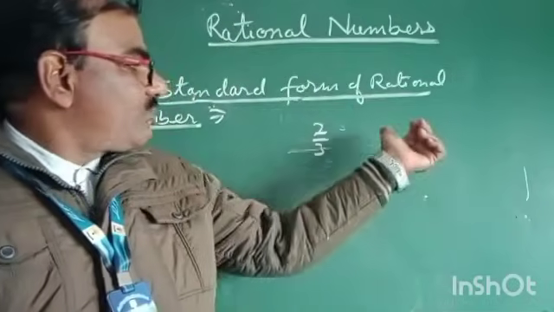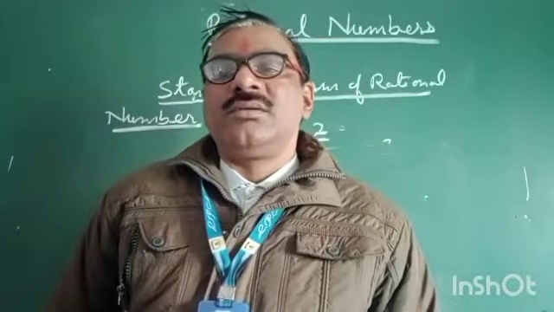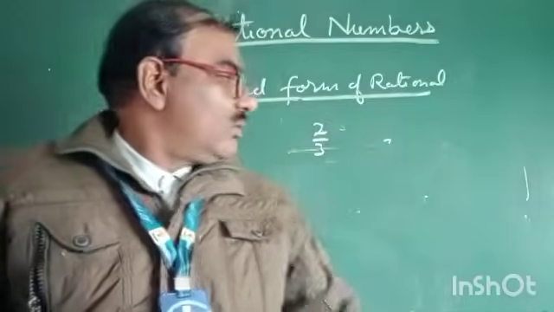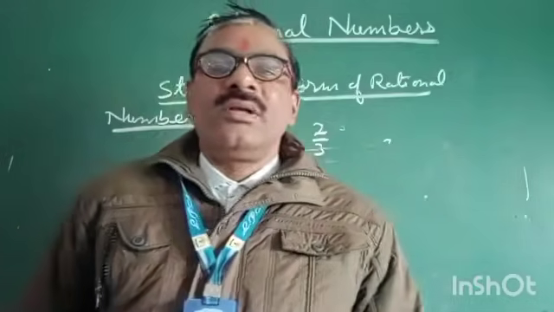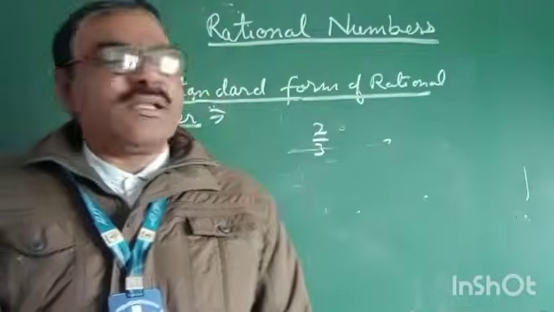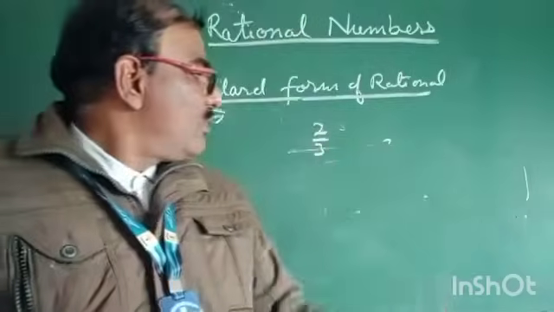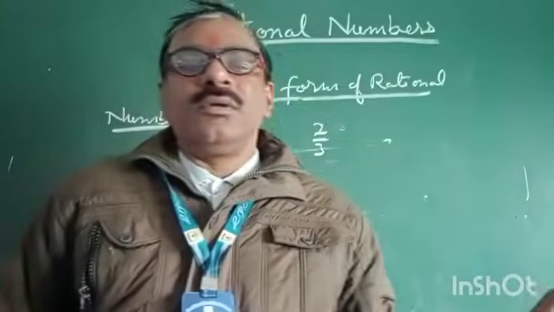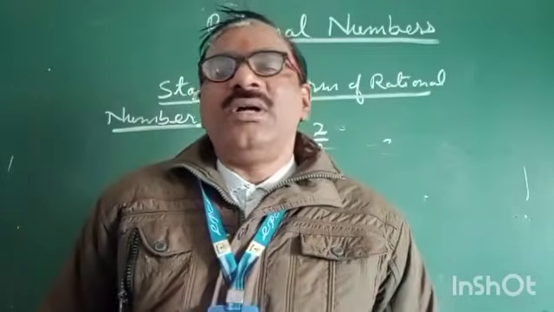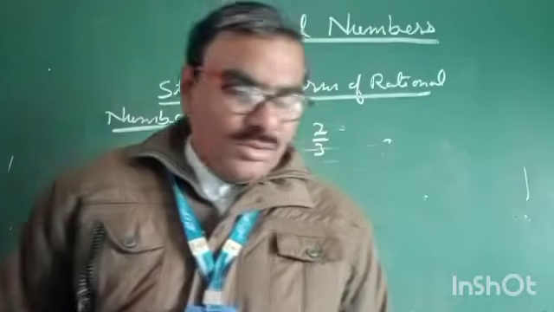But if the HCF of numerator and denominator, here 2 and 3, is another number, then it is not the standard form. How will I find out the standard form of this number?